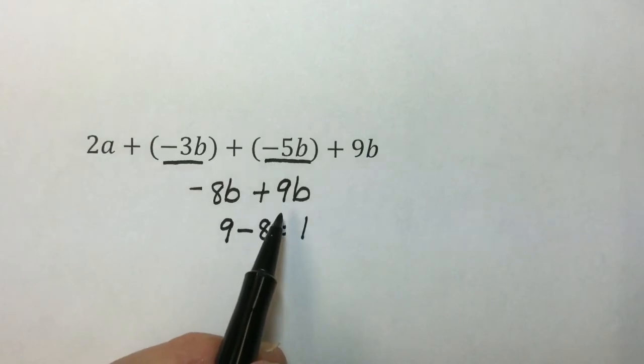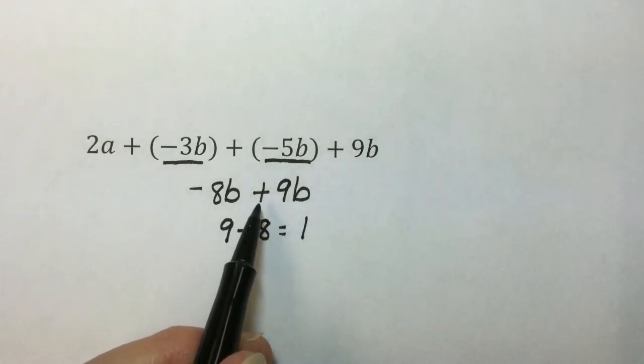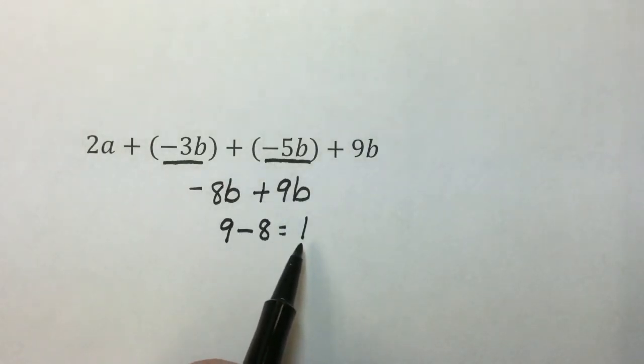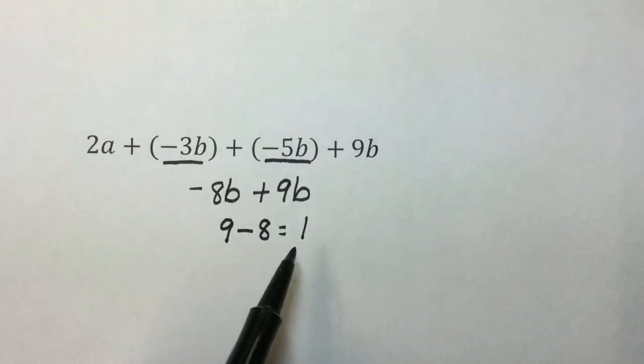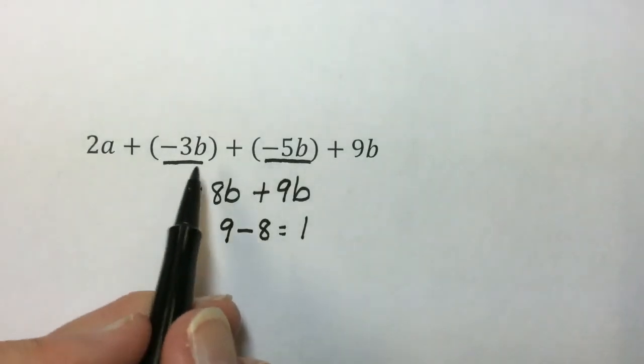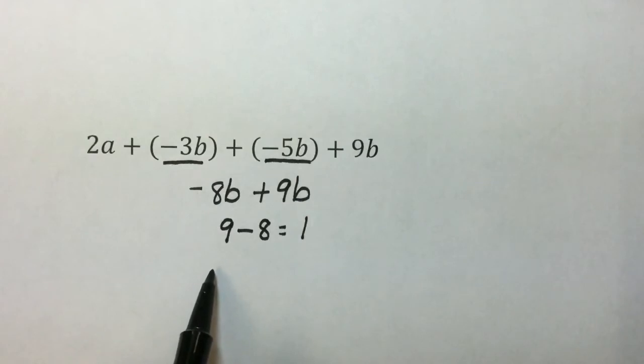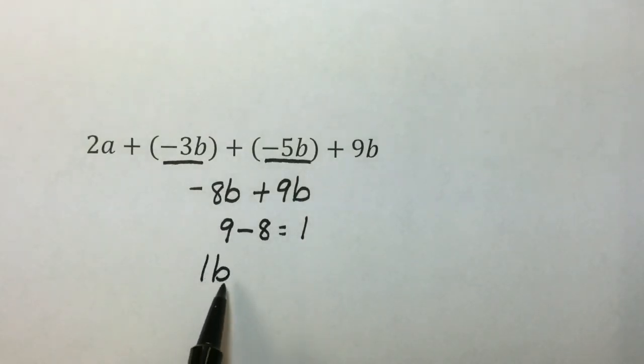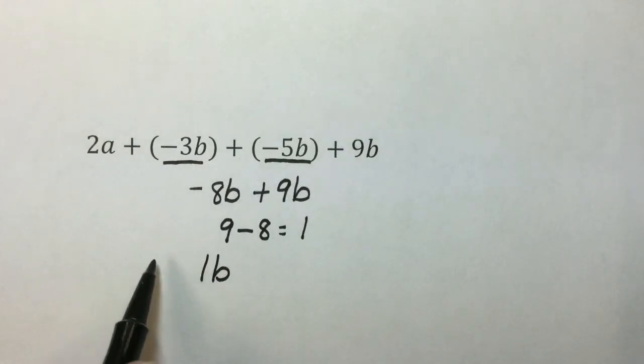And since 9 had the larger absolute value and it's positive, our answer is going to be a positive 1. And of course, we're going to put the b for the final answer on the simplification of those. So we end up with a positive 1b, which we can indicate this way.